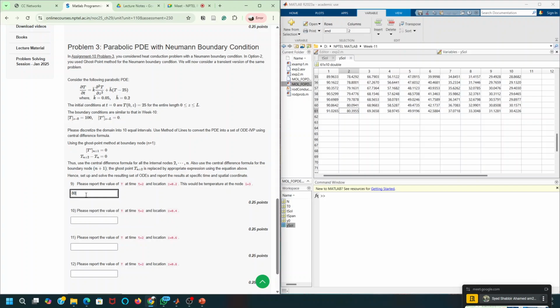So my value is 80.3955. At 0.4, this is 0.3, this is 0.4. At t equals 2 seconds, 58.9745, this is 42.588, this is 33.30.